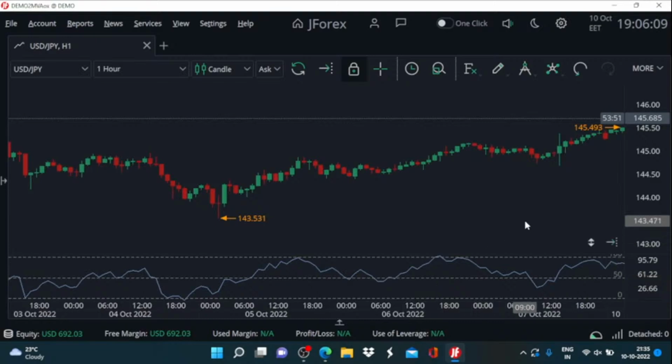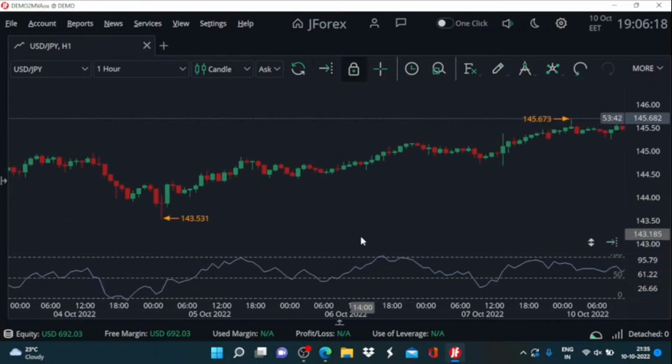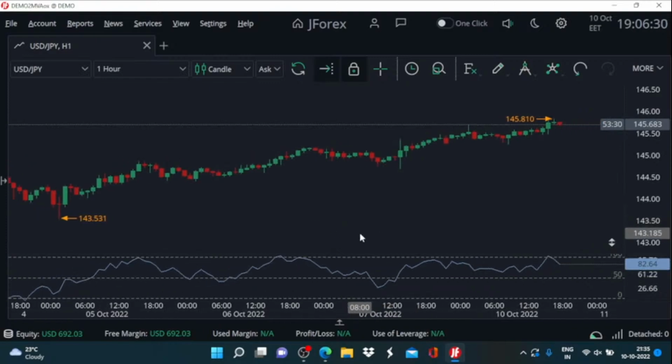If we see the closing value dipping below the middle band, then we will have the output value also dipping below 50. And if we have the closing value rising from below the middle band to above the middle band, then we will have the output rising from below 50 to above 50. So the concept is easy to understand, and so is its utility.